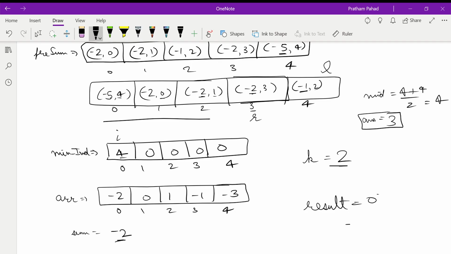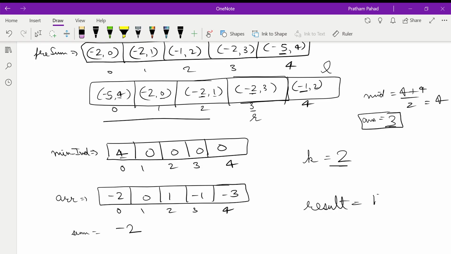Let's go again. Let's see what's the next possible answer. Let's say our i is now on 1, and your prefix sum has become -2. Now we'll get the same answer 3, and will update the result with i minus minimum index of this 3, which is 0. So the answer will be 1 now.